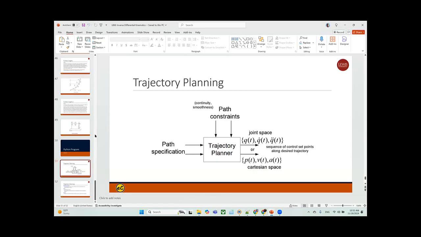So this is called trajectory planning, given the path specification, and then what would be your control variable. Let me give you a simple example. A simple example is we do have a car moving from here to here.